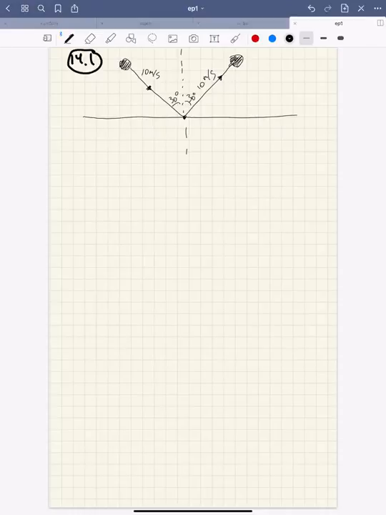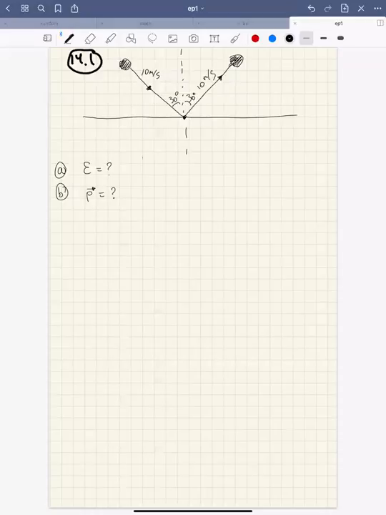And there are two questions. Question number one is what happens to the energy of the tennis ball? And question number two is what happens to the momentum of the tennis ball? Let's start with question number one. The energy. This question is relatively easy.